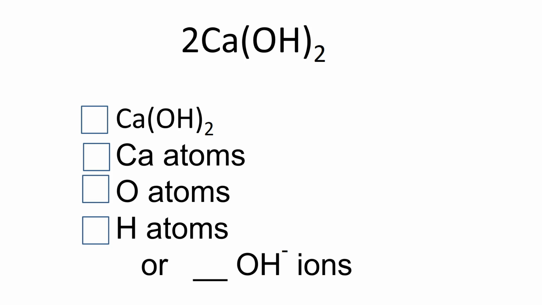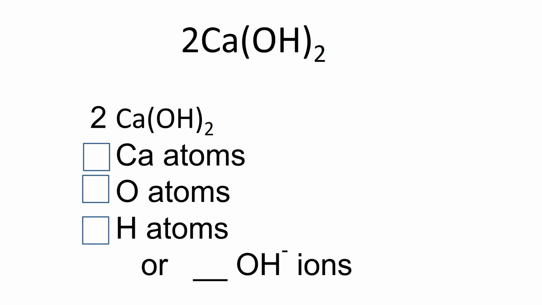So how many moles of CaOH2 do I have based off of the top formula there? How many units of CaOH2 do I have? 2. All right, so does everybody understand why I'm saying I have 2 units of it?